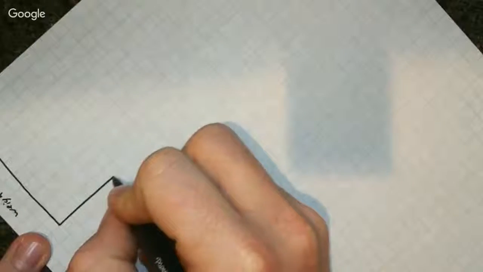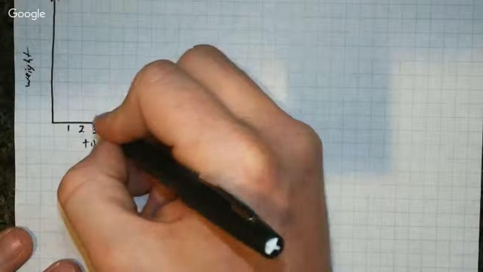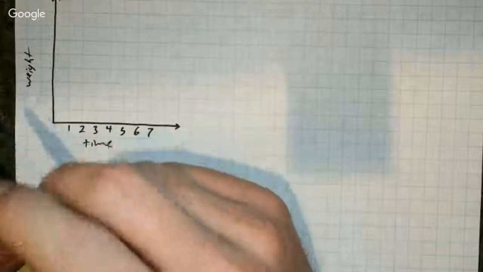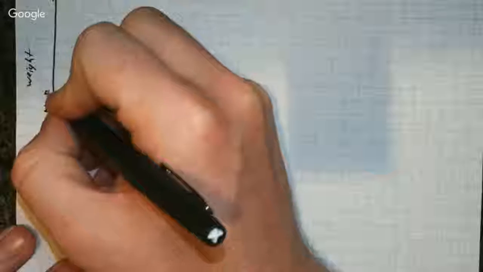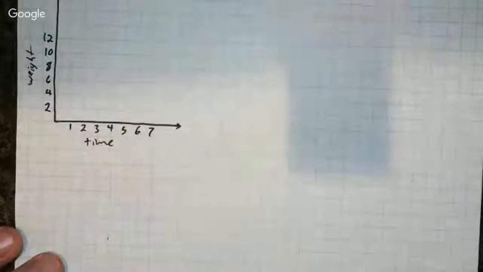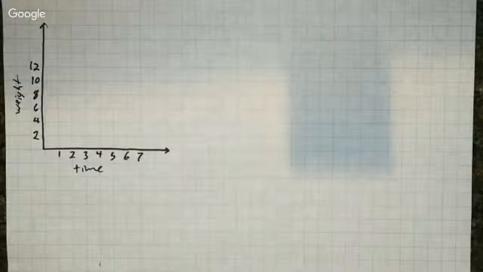My x is going to be time. The time is by month, so I'm just going to label these 1, 2, 3, 4, 5, 6, 7, and so on. The weight, however, is starting at 4 and starting at 6, so it needs to go up a little higher. So I'm going to count by 2s: 2, 4, 6, 8, 10, 12, and on and on. Okay, so we have our weight and we have our time.